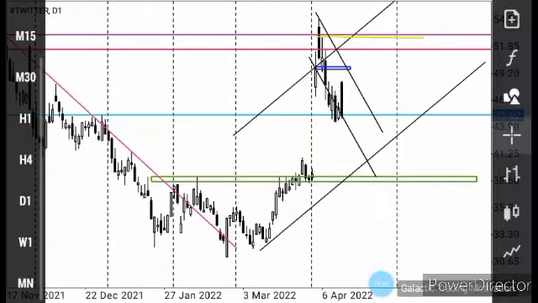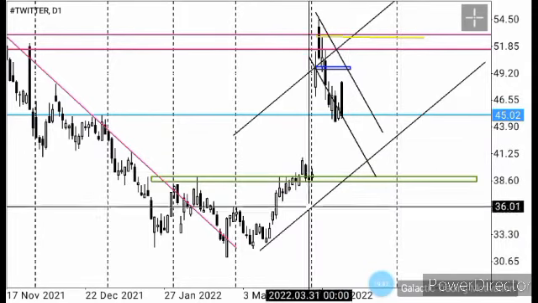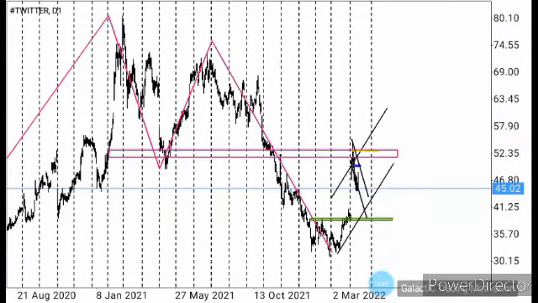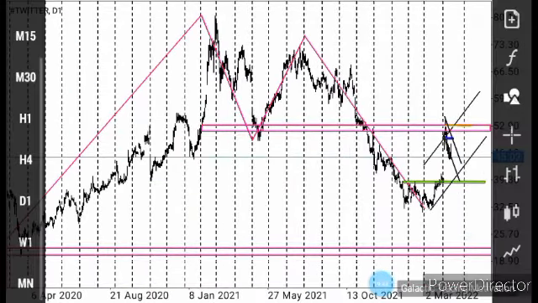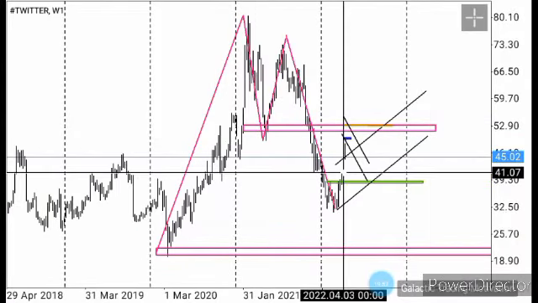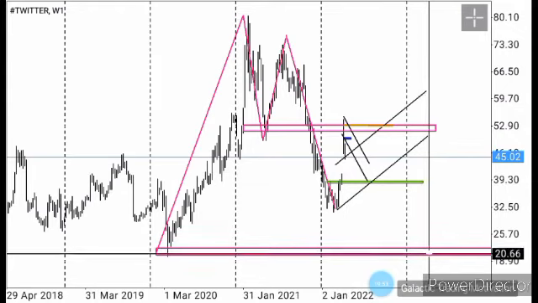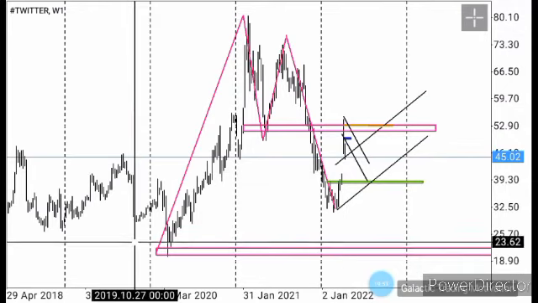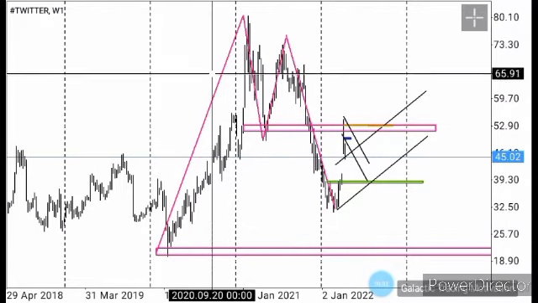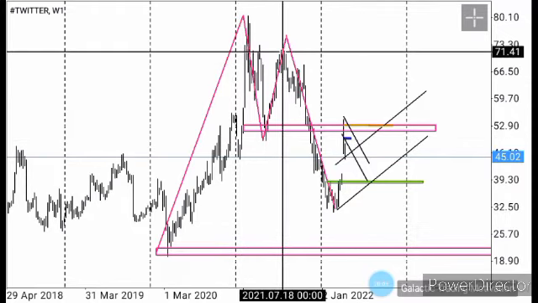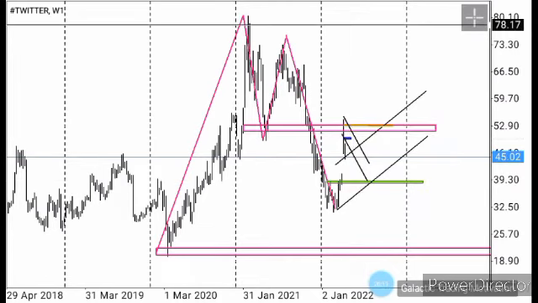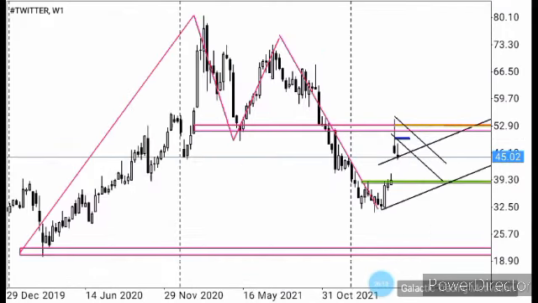If price closes below this area and also breaks this channel, I would look for more selling opportunities, because ultimately I would love to see price head to this level over here, and that would be the completion of this huge M structure, where we have the first leg, price coming to the neckline, then creating the second leg, breaking the neckline, and then coming back to retest the neckline, and then doing this.